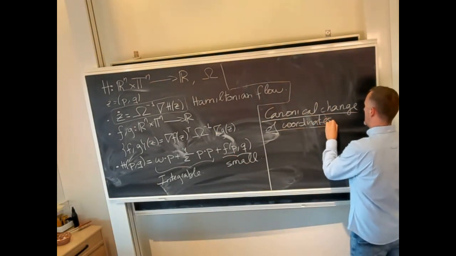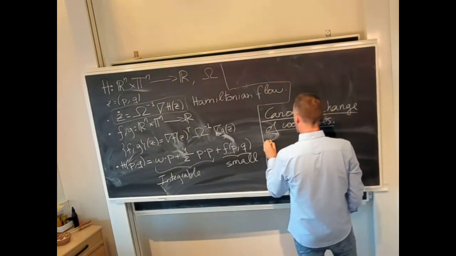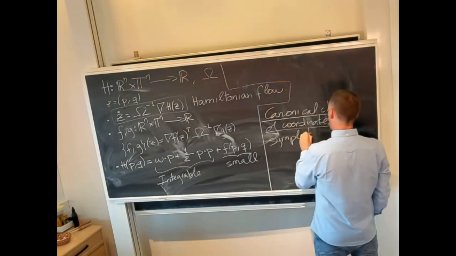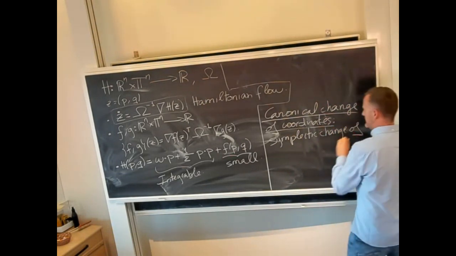Canonical changes of coordinates satisfy that they are symplectic, so this is equivalent to being a symplectic change of coordinates.